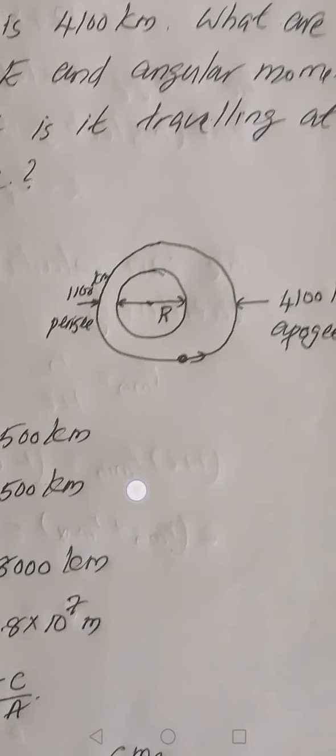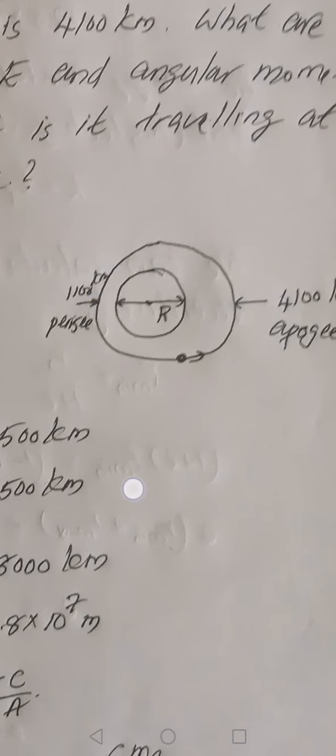From the center of earth, this side is close to the earth and this side is farther from the earth. The closest approach is called perigee, and the farthest approach is called apogee. Apogee is the long distance, perigee is the short distance.